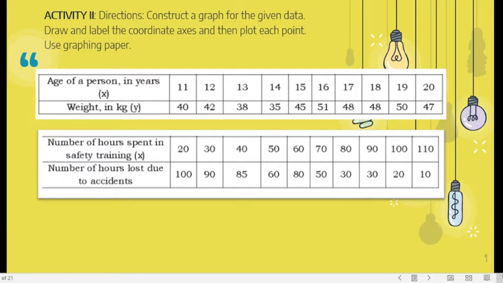So I'm giving you 5 minutes to construct a graph using these two variables, x and y. So you're going to construct 2 graphs. Your timer starts now.